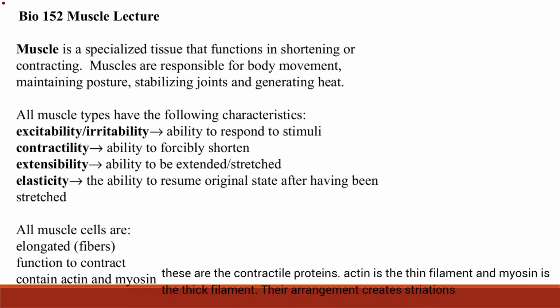So the actin and myosin are the contractile proteins, and they actually alternate. The thin and thick filaments alternate, and they create the stripes or the striations we see in skeletal muscle and cardiac muscle. Smooth muscle has actin-myosin, but not arranged in the same fashion. That's why we don't see any stripes or striations there.